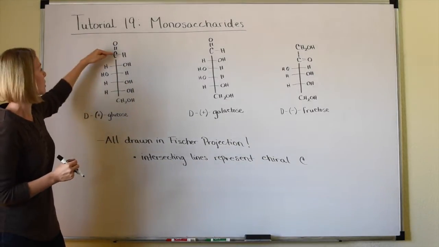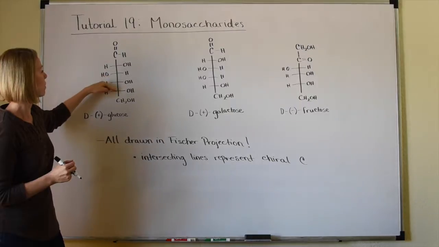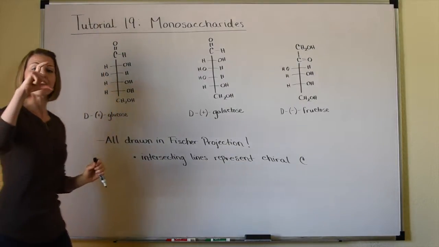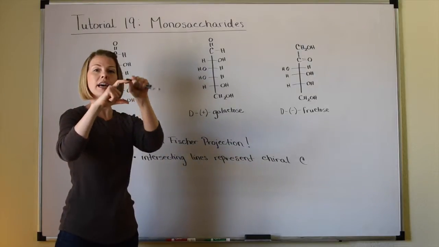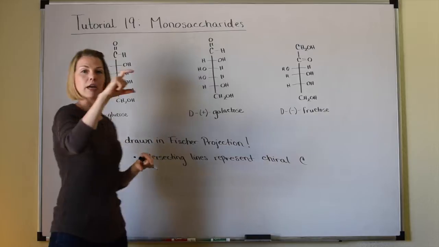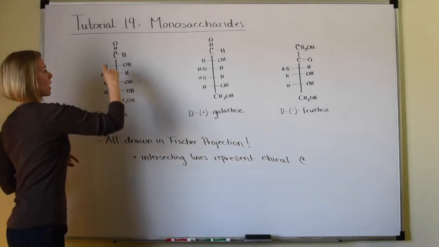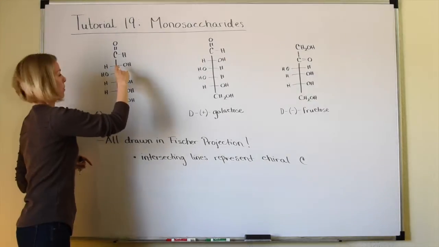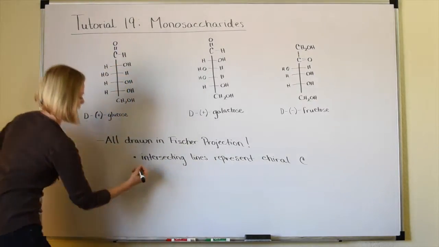So these 6 carbons, 1, 2, 3, 4, 5, 6, in this vertical line are going to have a C shape. All the bonds have been oriented so that they are in a C shape, and that C shape is going away from you into the plane of the paper. So I'm going to write that here.